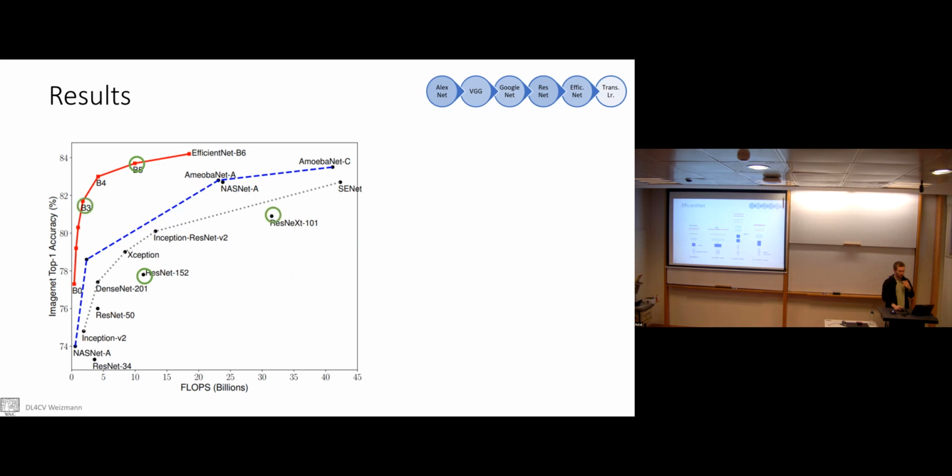And on the other hand, they found a network that achieves the same accuracy as some ResNet network, but consumes much, much less resources. So their scaling operation allowed for a deeper network that achieved better accuracy.